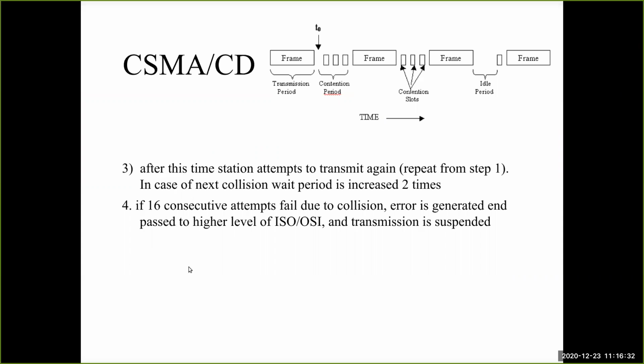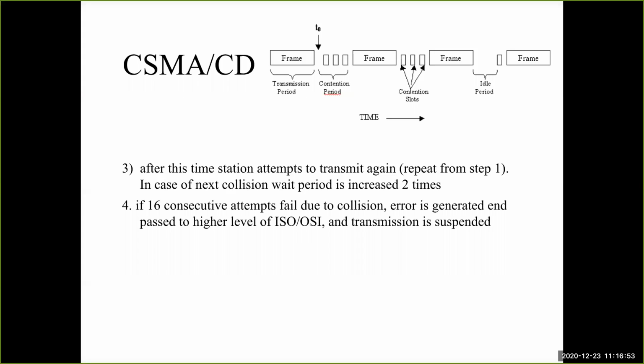But after 16 consecutive attempts, so if the particular device tried to send the data 16 times and every time there was a collision, this device stops transmission.